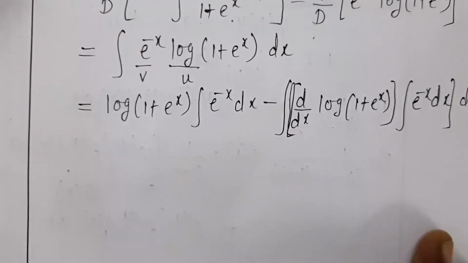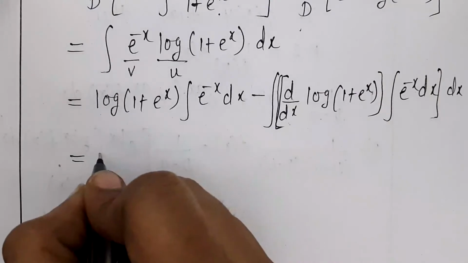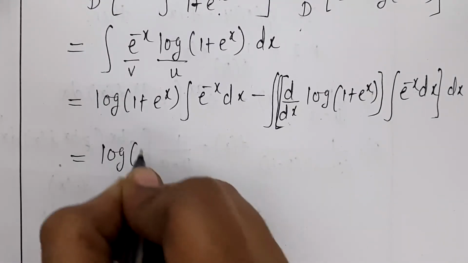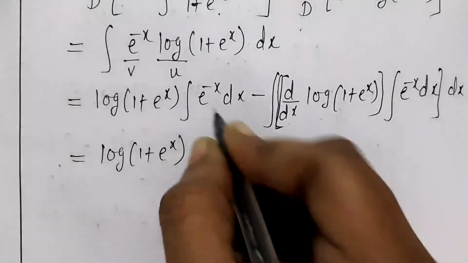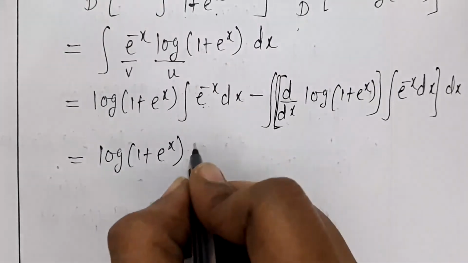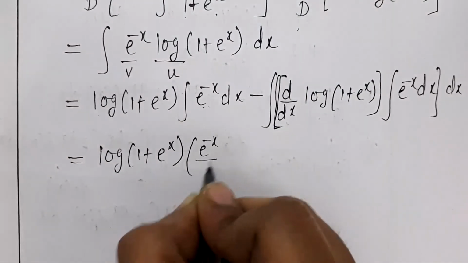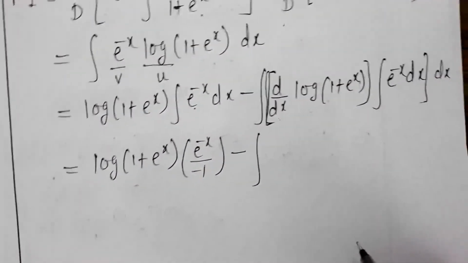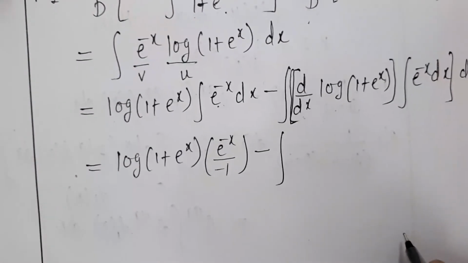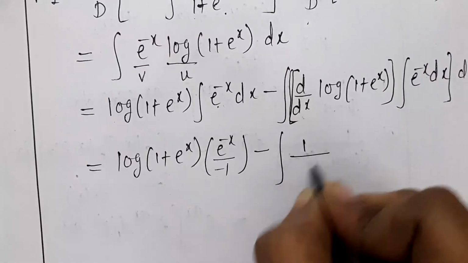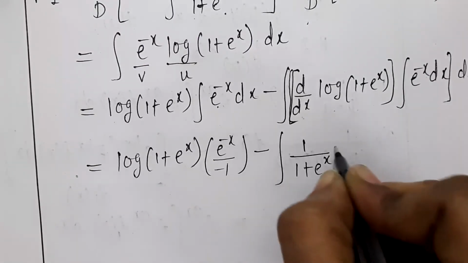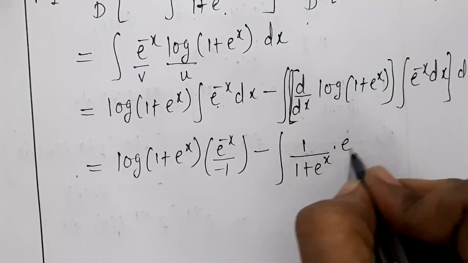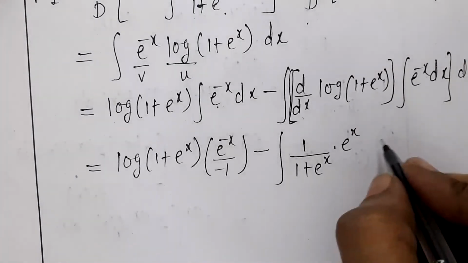So this is equal to log of 1 plus e to the power x, integration of e to the power minus x is e to the power minus x divided by minus 1, minus integration of the derivative of log. Derivative of log is 1 upon 1 plus e to the power x into the derivative of 1 plus e to the power x, which is e to the power x.